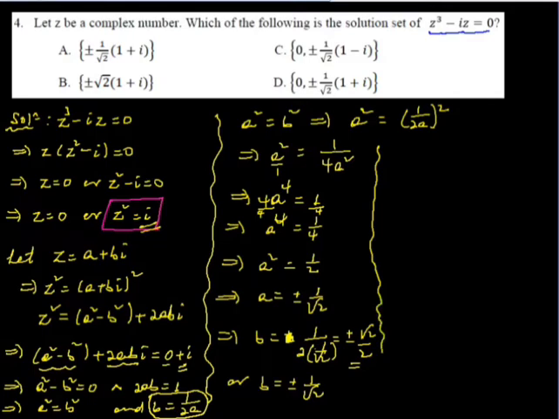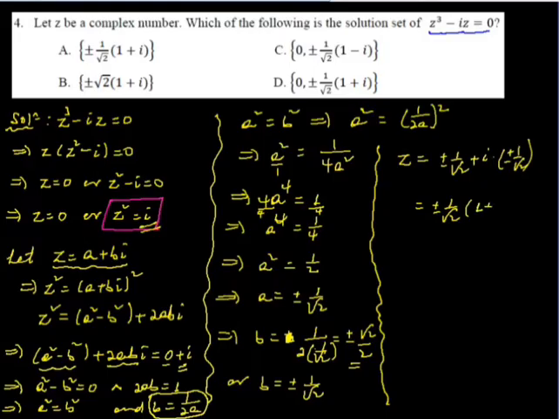So the z value becomes z is a plus bi. Therefore z becomes a, which is plus or minus 1 over radical 2, plus i times b, which is plus or minus 1 over radical 2. So there is something in common. Plus or minus 1 over radical 2 is common.